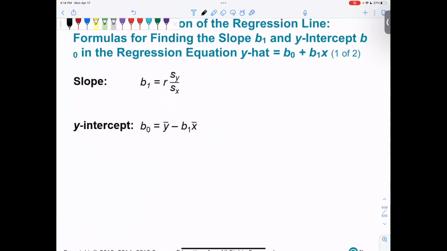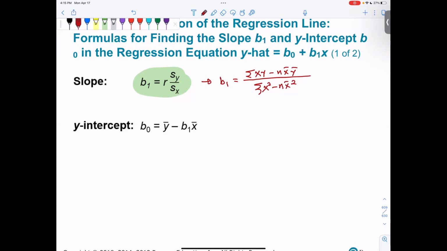so this is the formula how we calculate B1, or we can use this formula. So if we don't have this value of R, we can use this one. B1 equal to summation xy minus n x bar y bar divided by summation x square minus n x bar square. Okay?